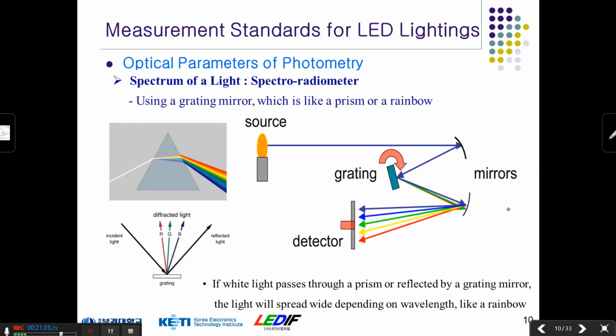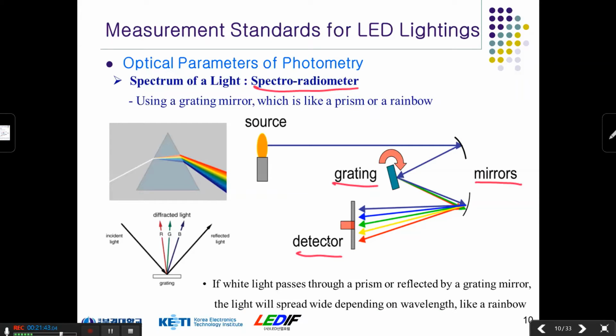To measure wavelengths, there is spectral luminous intensity. A spectral radiometer will be used. A spectral radiometer is composed of mirrors, grating mirrors, and detectors.